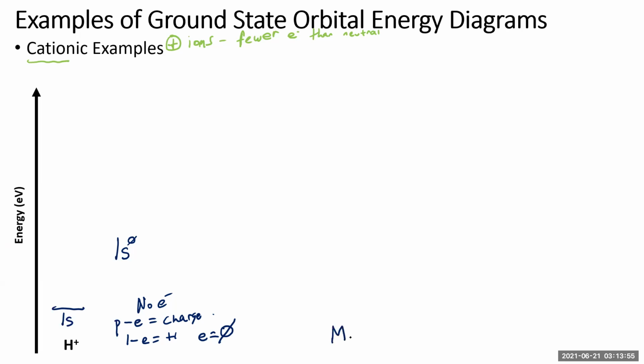So magnesium typically takes on a 2 positive charge. So let's first start with neutral magnesium, and then let's see what we need to do to the neutral magnesium in order to convert it into magnesium dication. Dication just means 2 positive charges.